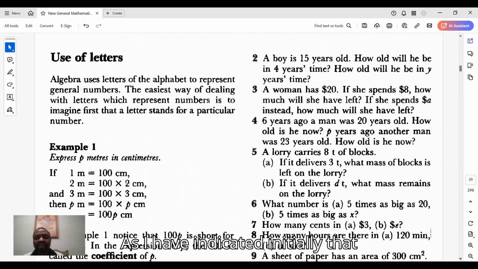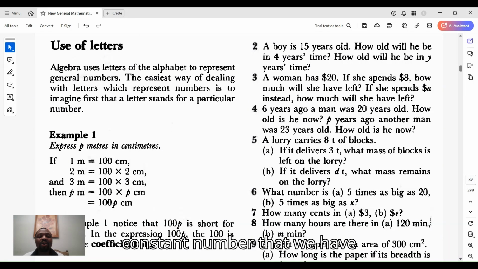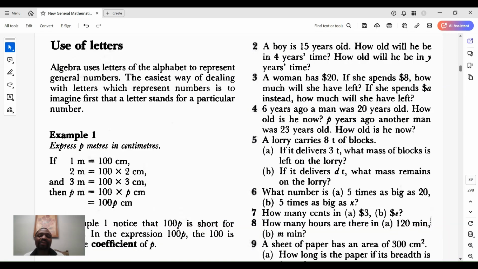As I have indicated initially, the coefficient is a constant number that we multiply by a variable, and that variable is the one we are going to multiply using the coefficient. So we can say the coefficient of a variable is the constant number that we have.